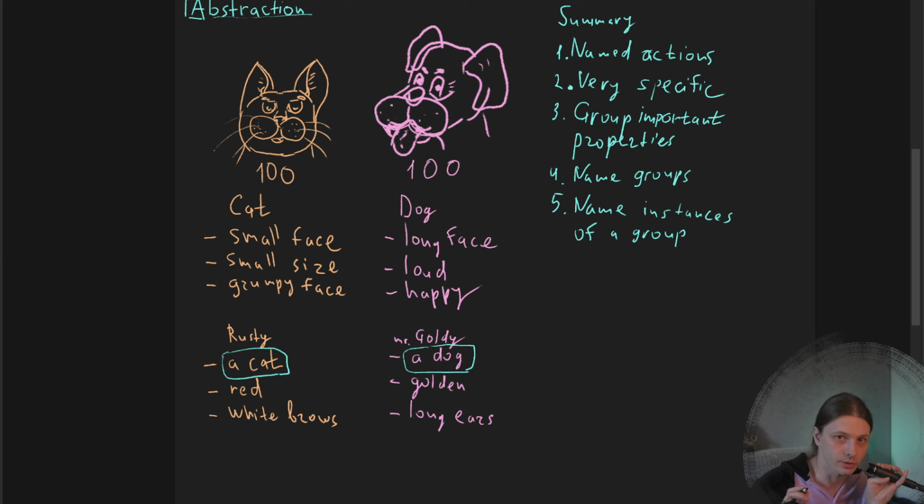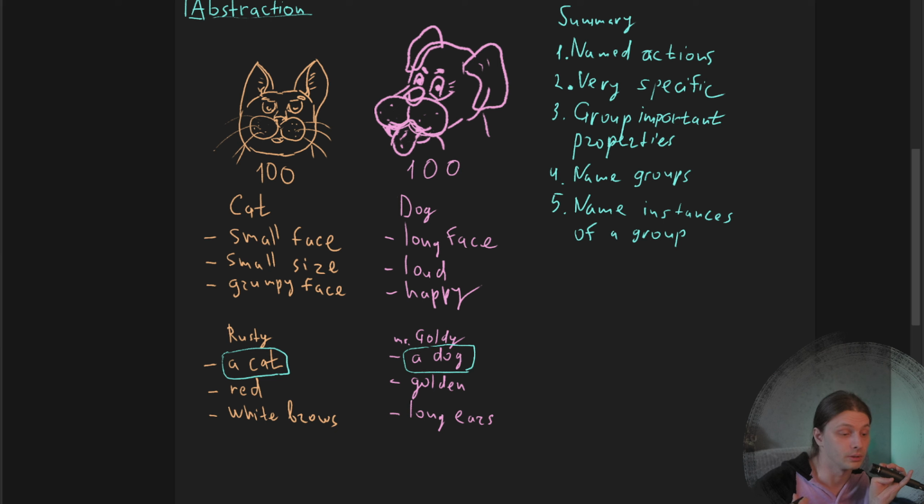What is important? That depends on the context. So in one context, some things might be important, in another context, other things. So when we talk about a cat as a pet, for example, we can choose one set of properties like color, size, character.